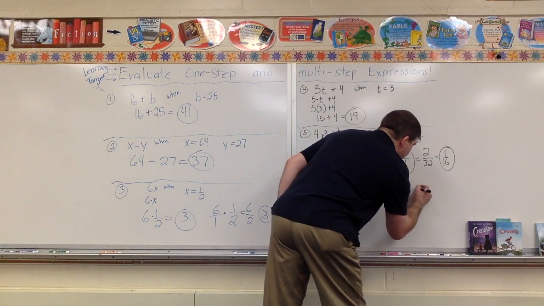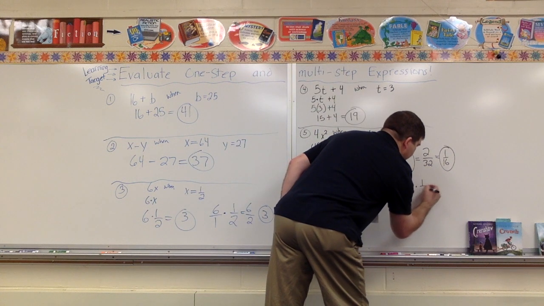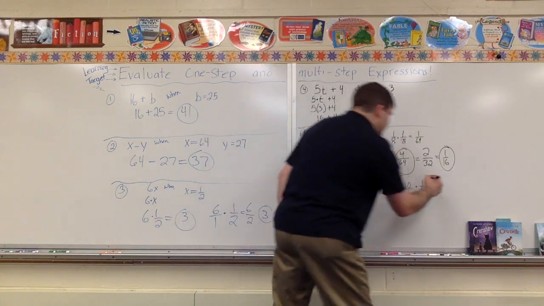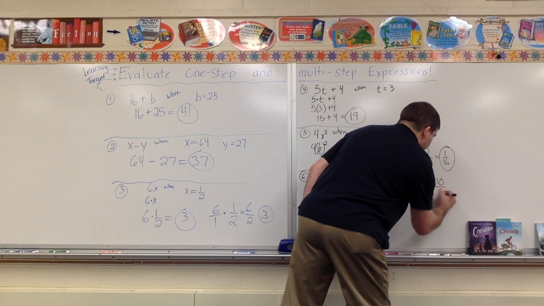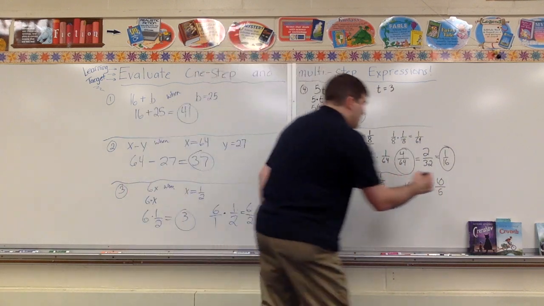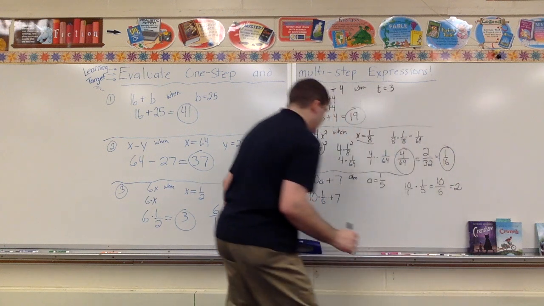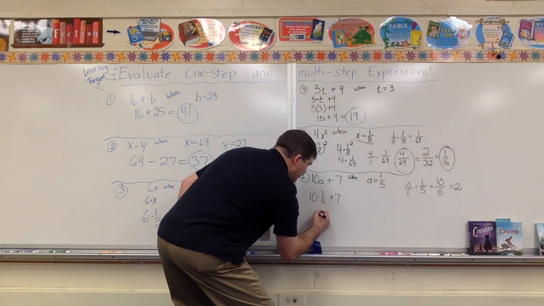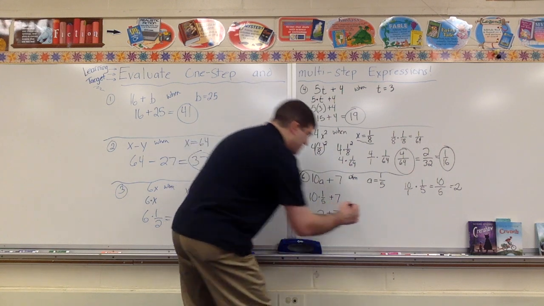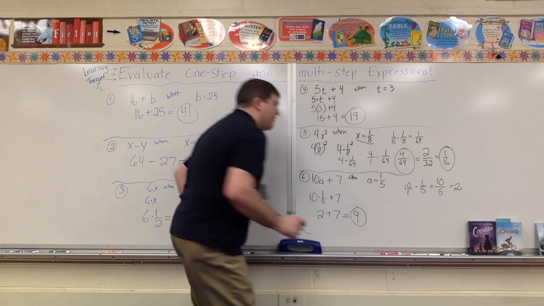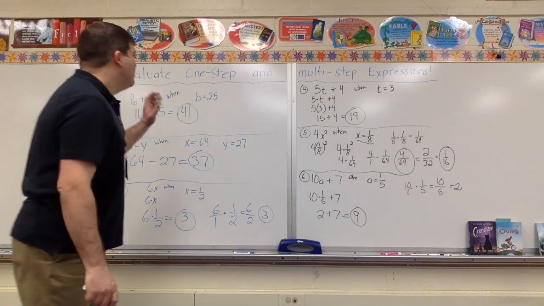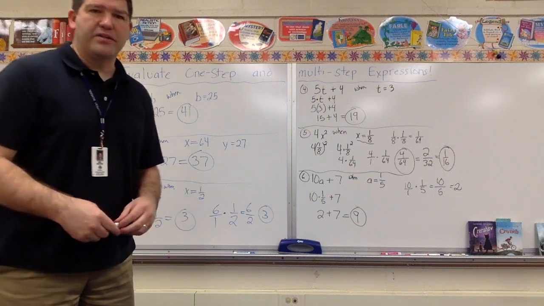I want to make that into a fraction, and then I just go across. 10 over 5. I know 10 divided by 5 is 2. Okay? So 10 times 1/5 equals 2 plus 7. 2 plus 7, 9. Okay? So that is how you do evaluating one-step and multi-step expressions.